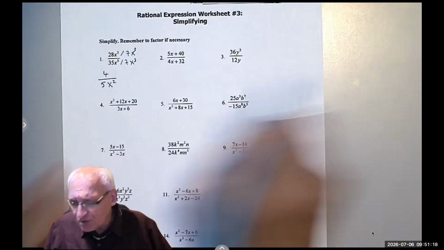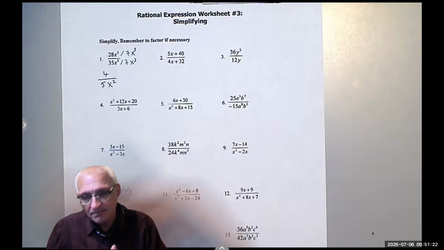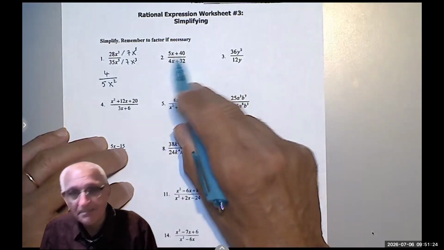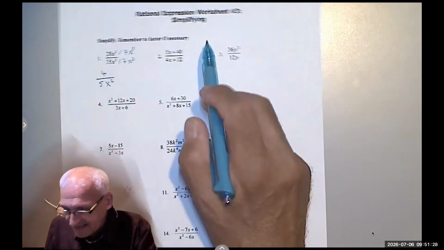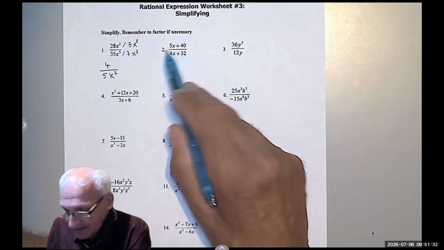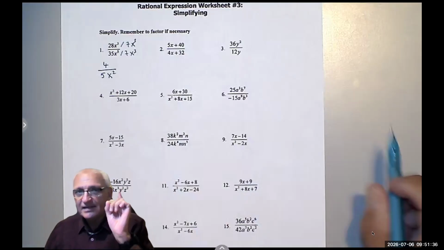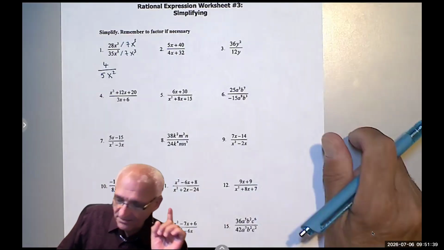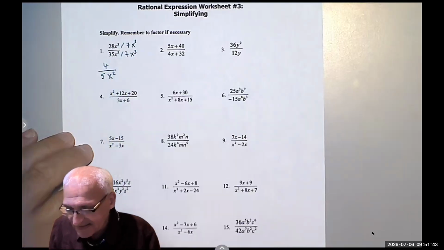Now, what if the numerator and the denominator have multiple terms? Like, it's a binomial here. But I still see that 5x and 40, if I look at the numbers 5 and 40, I can factor out. Notice I didn't say I'm going to divide. The reason I divided here is both of them were divisible by 7.